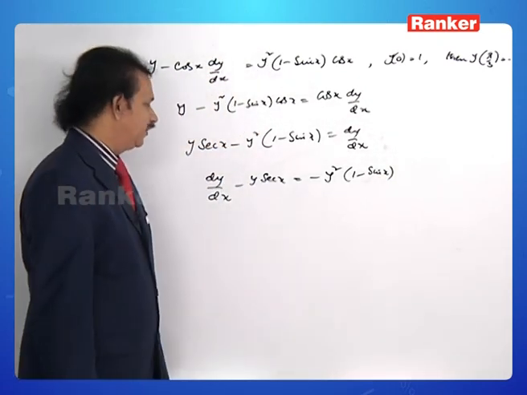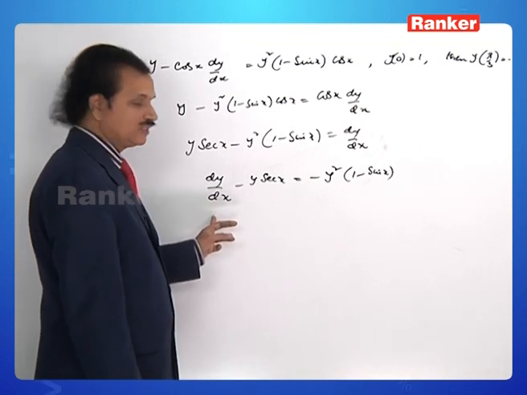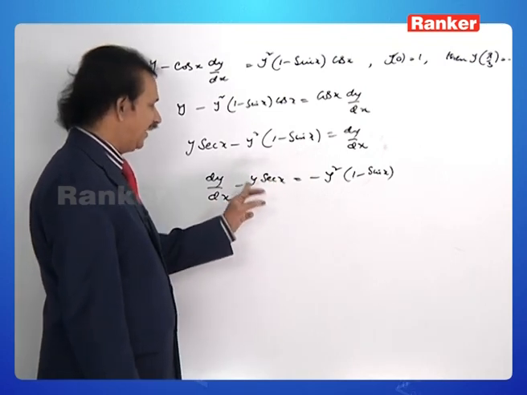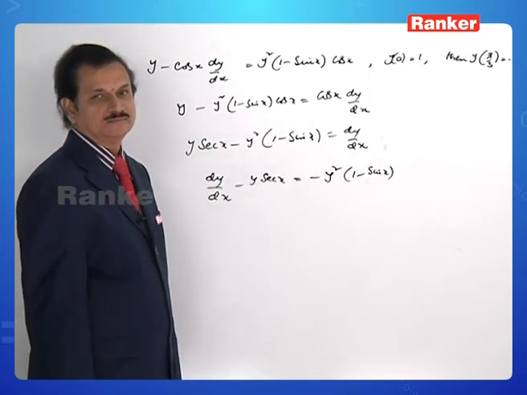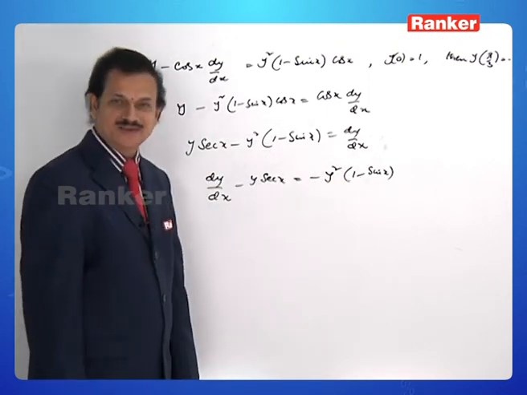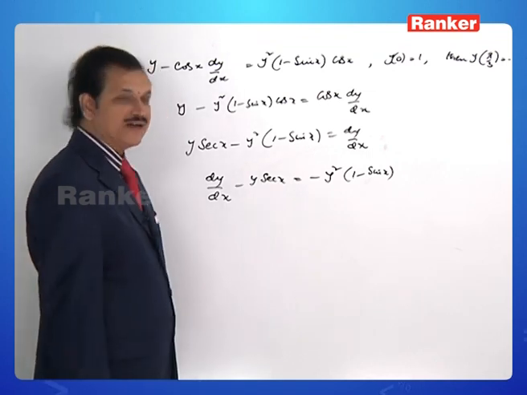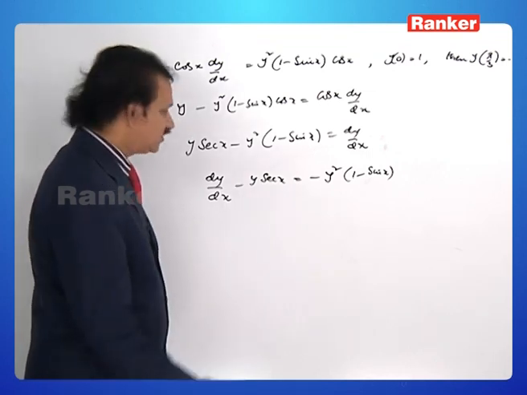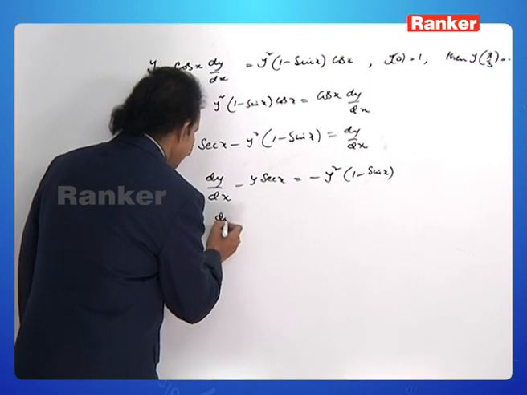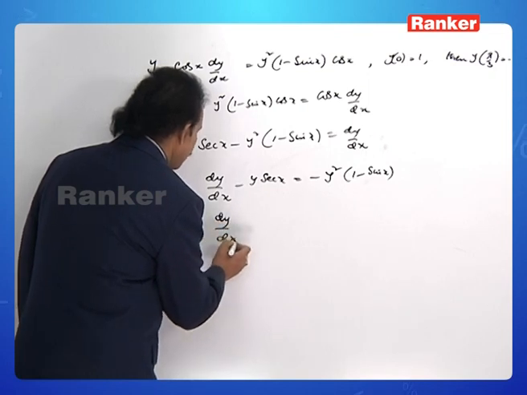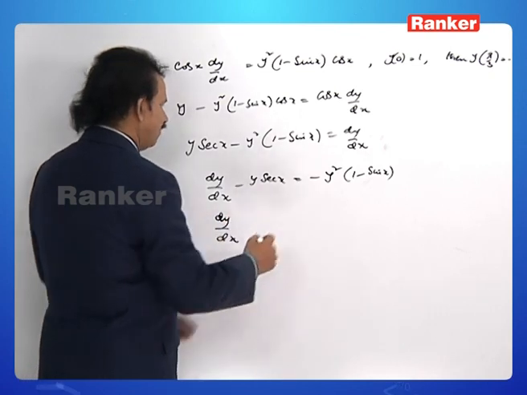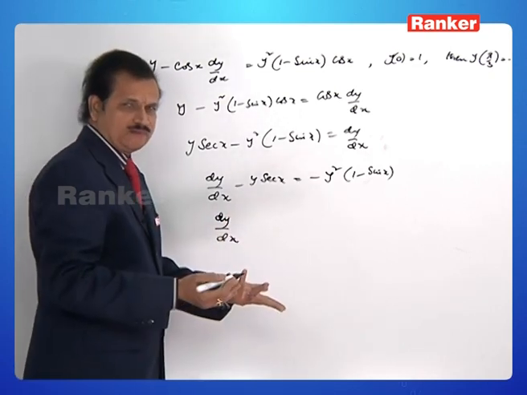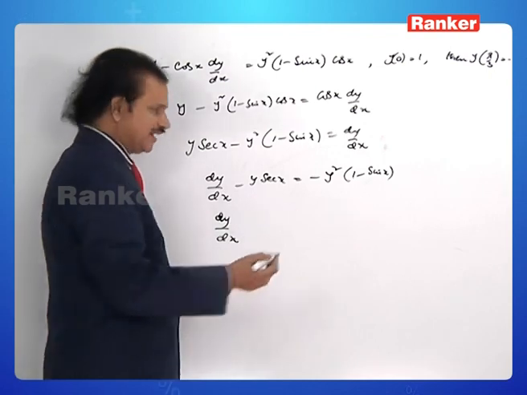Okay. You look here. dy by dx plus py is equal to q into y square. This is surely Bernoulli in y. Let us now divide throughout the equation by y square. What happens? Let me divide with minus 1 by y square.